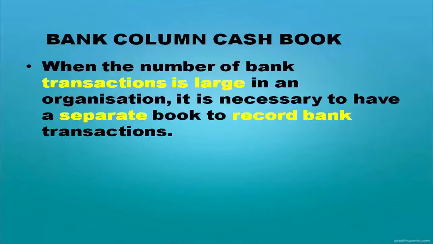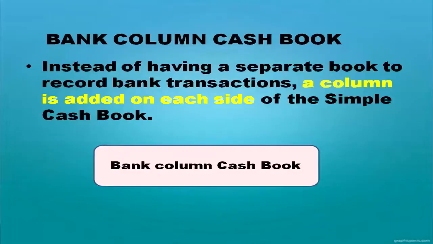Now coming to another type of cash book, that is the bank column cash book. When the number of bank transactions is large in an organization, it is necessary to have a separate book to record bank transactions. Instead of having a separate book, a column is added on each side of the simple cash book, that is the bank column cash book.